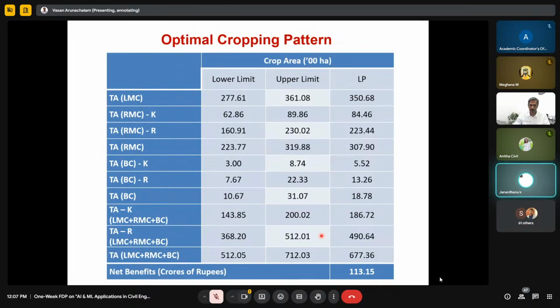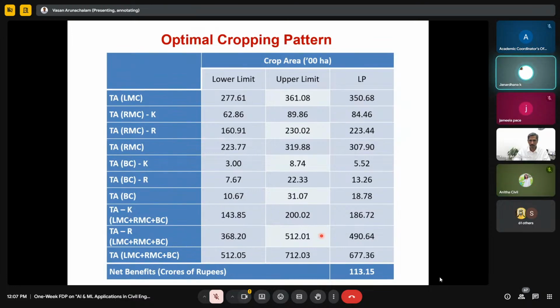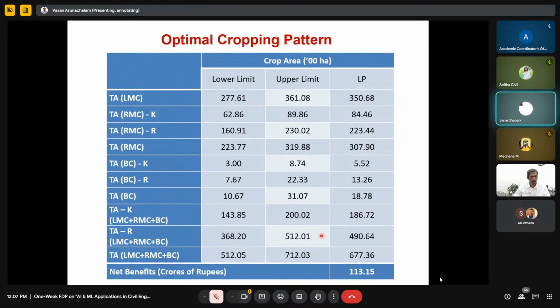You are not leaving anything unknown. The number of variables and constraints that you have taken into picture are capturing whatever naturally, physically available data. Am I right, sir? Yes.